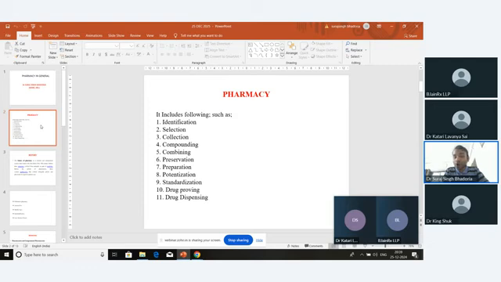So basically, all these parameters are included in pharmacy.